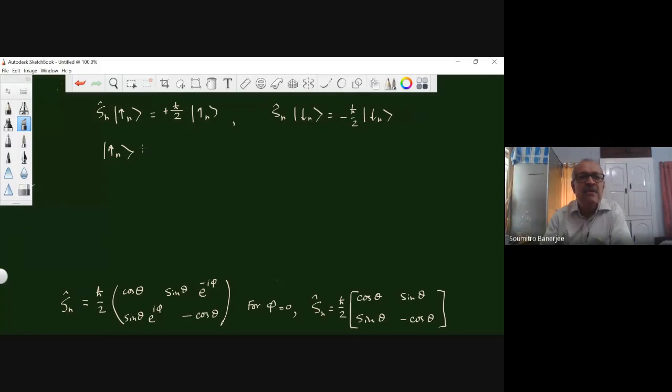It is actually a column vector of cos theta by 2, e to the power i phi sine theta by 2. This is the up one, and the down one is minus e to the power i phi sine theta by 2, and this is cos.